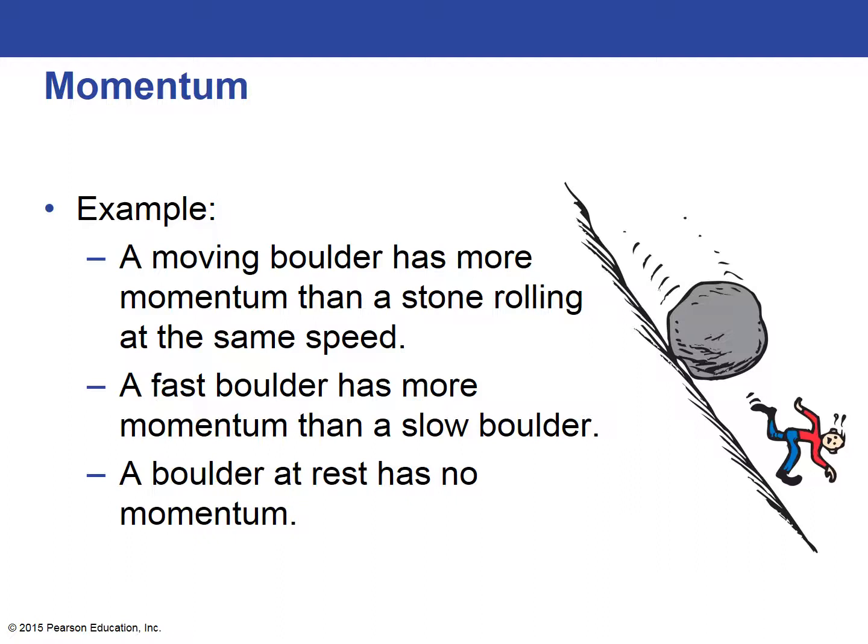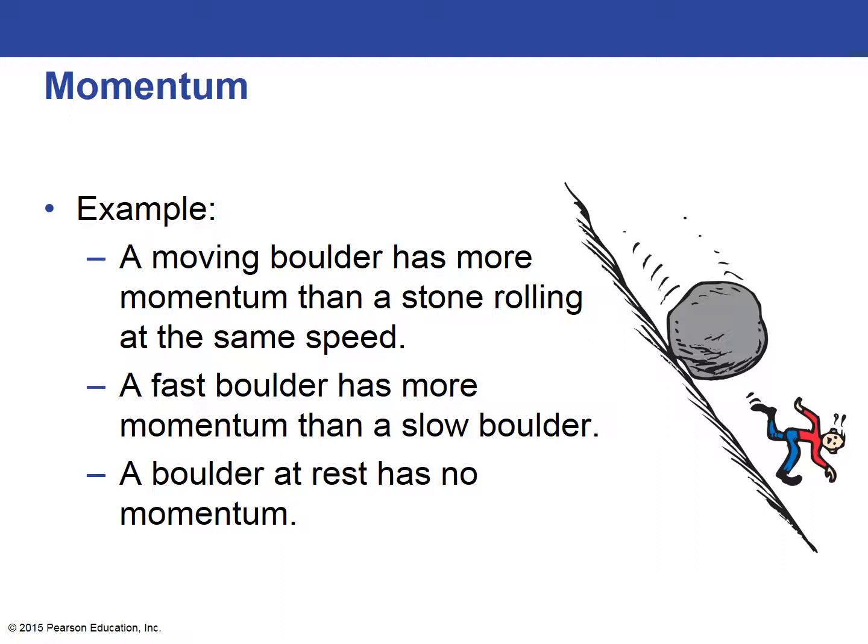As a result, because the velocities of the two objects are the same, the large boulder will have more momentum. And that momentum is a property of the moving particle. And then finally, any object that is at rest has no momentum because it has no speed or velocity.